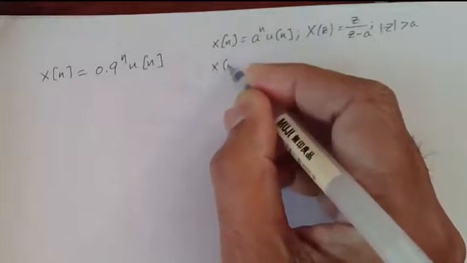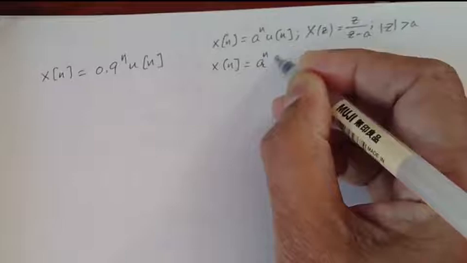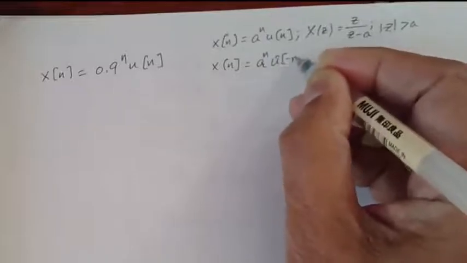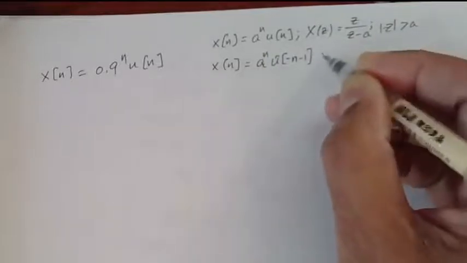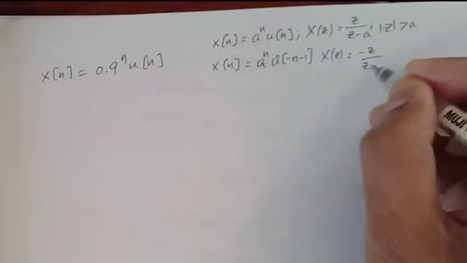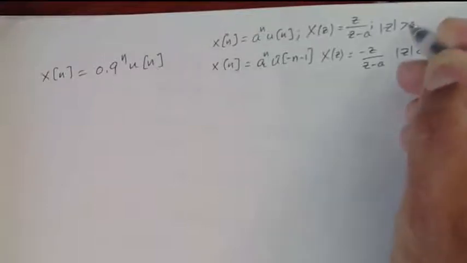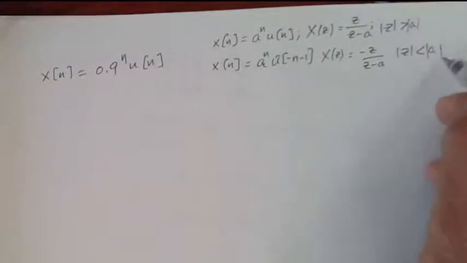If x of n was equal to a to the n u of minus n minus 1, then X of z was equal to minus z over z minus a, and the region of convergence was magnitude of z less than magnitude of a.